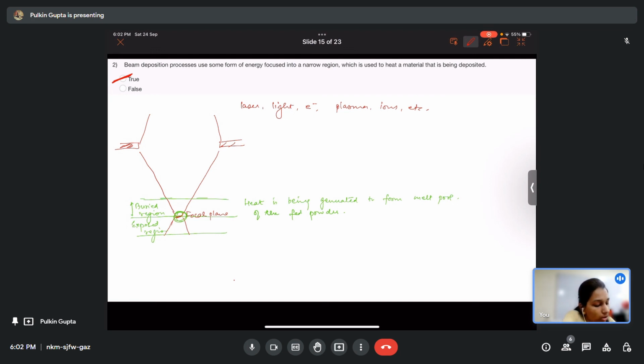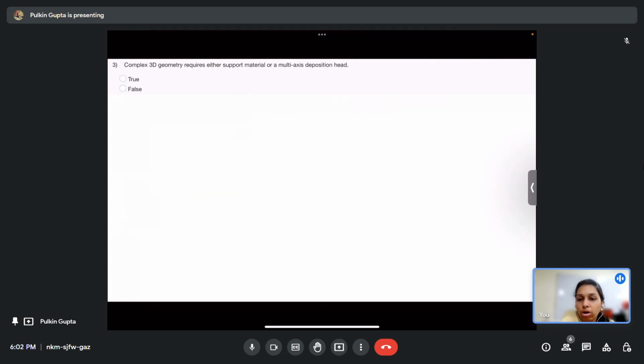Now, question 3. Complex 3D geometries require either support material or a multi-axis deposition head. True or false? So this is true.